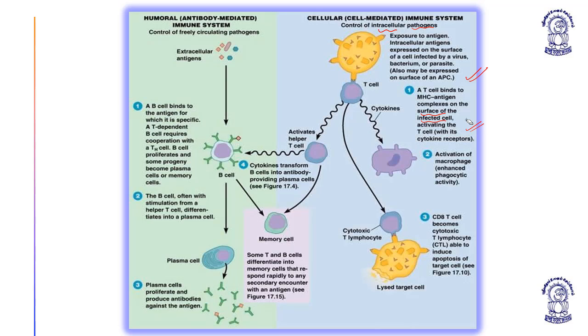So the very first step is the APC. They present the antigen or a fragment of antigen to T helper cells. T helper cells are basically attached to the major histocompatibility complex, and they get activated to produce cytokine receptors. These cytokine receptors, especially the lymphokines, are identified by different immune cells like macrophages, which further increase the phagocytic activity.